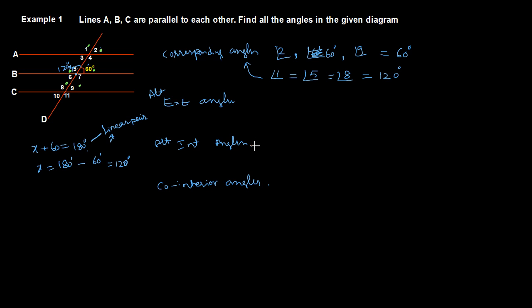Now let's go back to alternate interior angles. So we know 60 is alternate interior. For lines A and B, the interior area is only that.